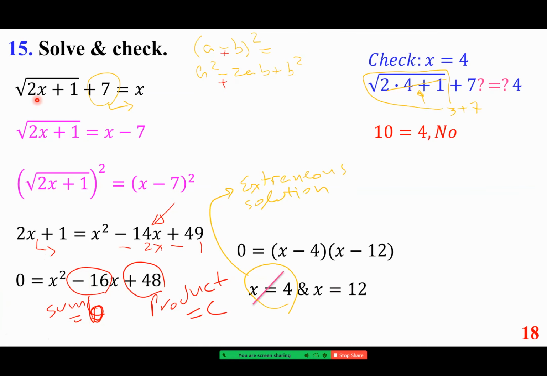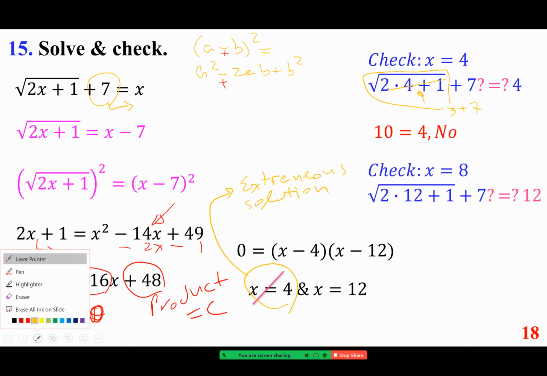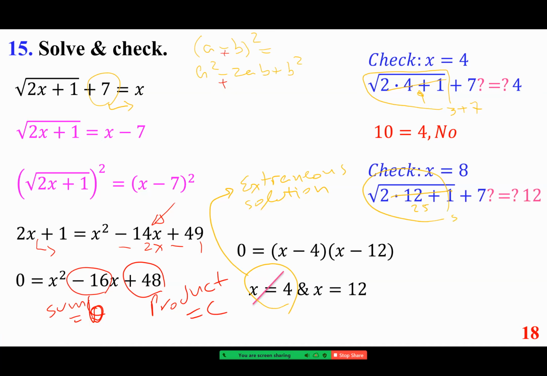Now, in the original equation, we are going to put number 12. 2 times 12, 24, and 1, 25. So you have the square root of 25, which is 5, plus 7 is equal to 12. Yes, that's an acceptable answer. You're done.